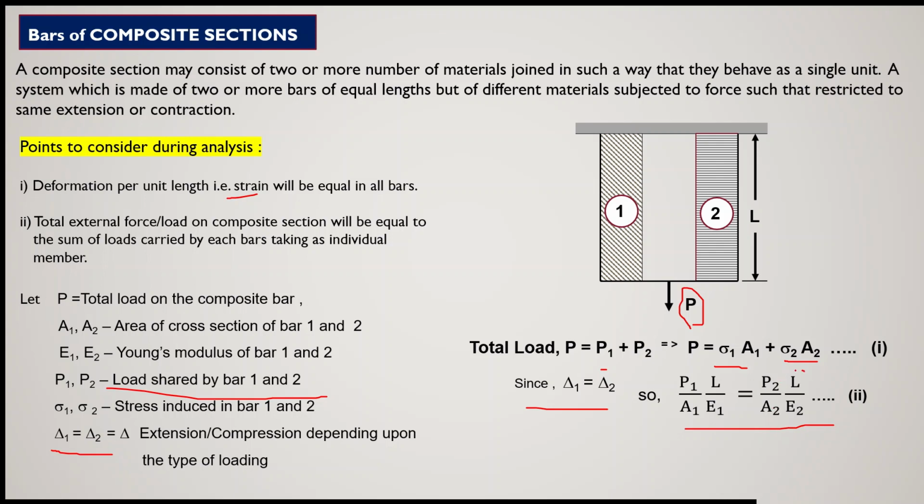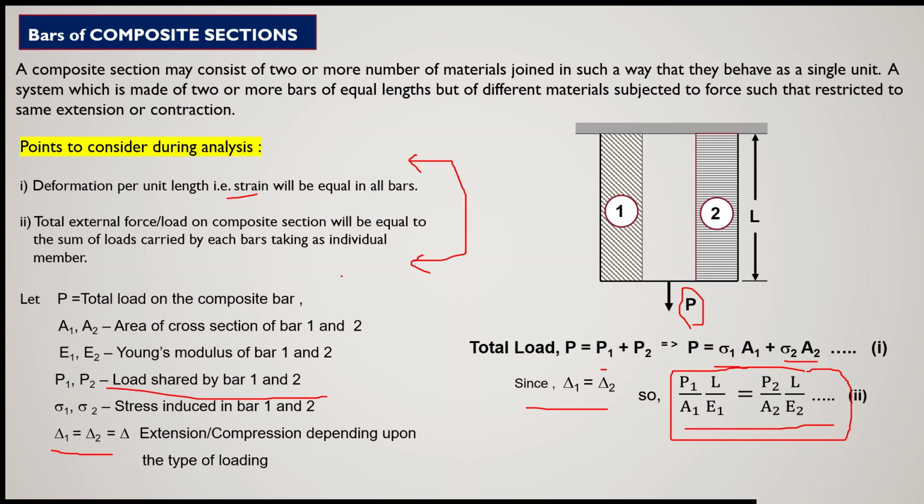So by using this equation, and as per the available data and the required information, we can calculate the required value easily. So we can use this formula. The basic concept for a composite member is that these 2 points we have to keep in mind.